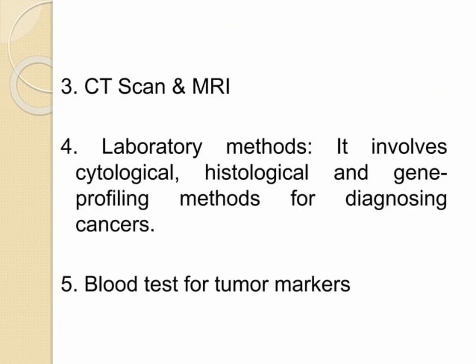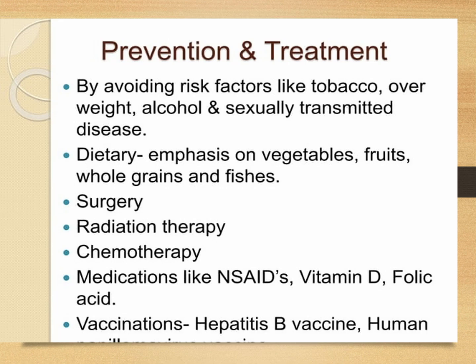Then CT scan is there, MRI scan will be there. The laboratory methods involve cytological, histological and gene profiling methods for diagnosing cancers. Blood test also is there for tumor markers.